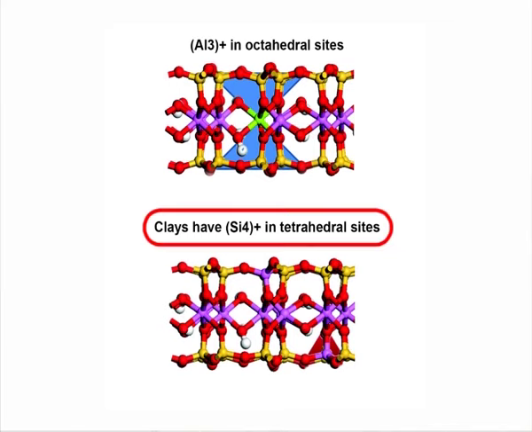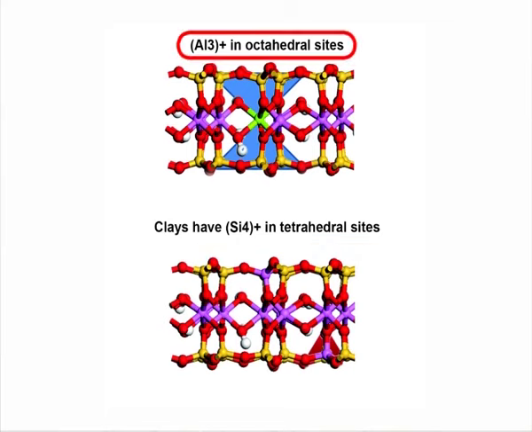Dominantly, clays have silicon in tetrahedral sites and aluminium in octahedral sites. Other ions present in large amounts during clay crystallization can replace some of these cations.